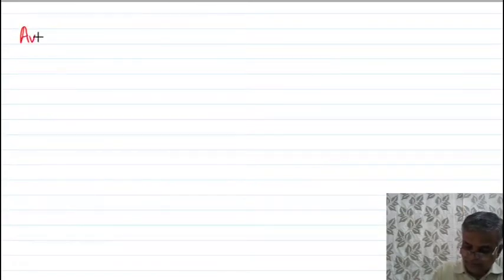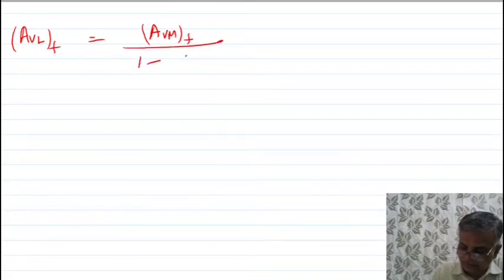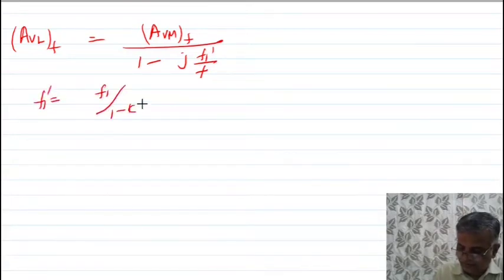Gain of the amplifier at low frequency with feedback is given by gain of the amplifier at mid frequency with feedback upon 1 minus j f1 dash upon f, where f1 dash is equal to f1 upon 1 minus K AVM.